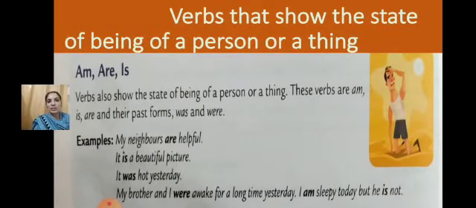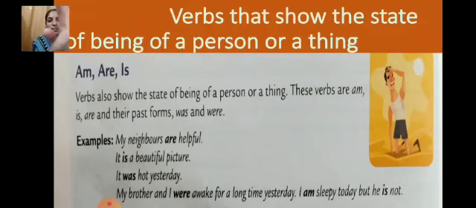Verbs that show the state of being of a person or a thing. What are we going to learn in this slide? State of being. What is the meaning? Let's see. Am, are, is. Verbs also show the state of being of a person or a thing.